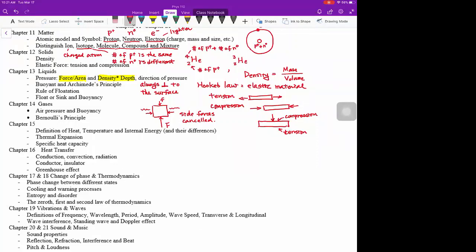But the top and bottom give you the buoyant force. The buoyant force is going up because the bottom is larger than the top. So that's the buoyant force. The Archimedes principle is important. It tells you the buoyant force is equal to the weight of the displaced fluid.